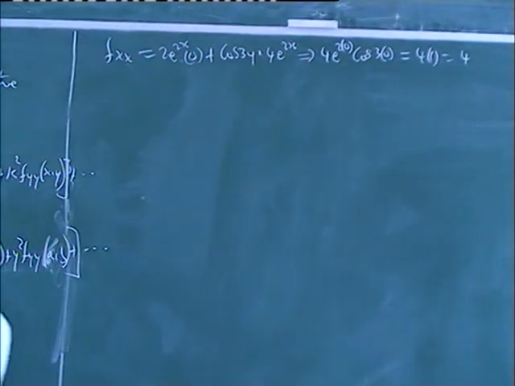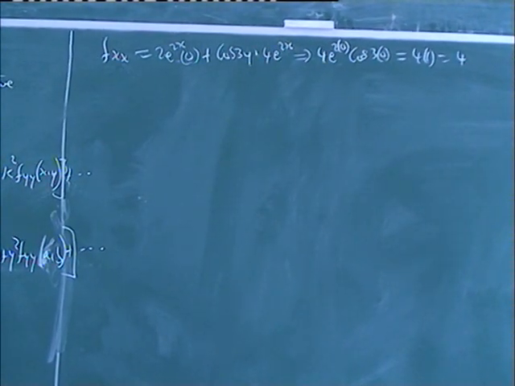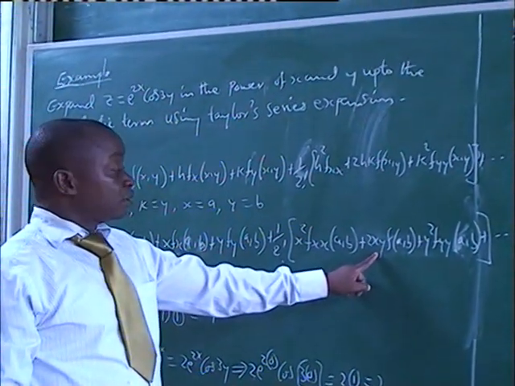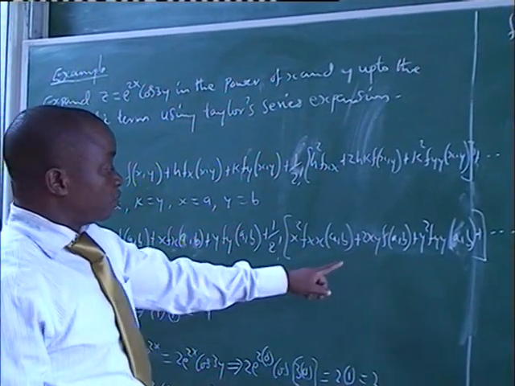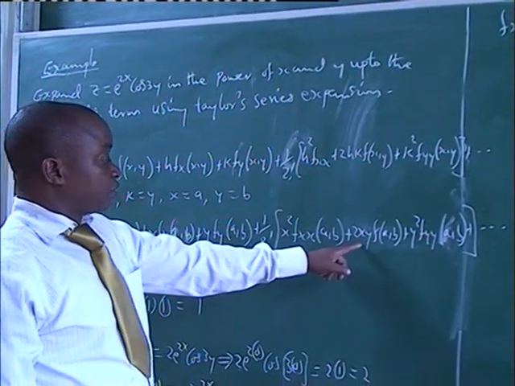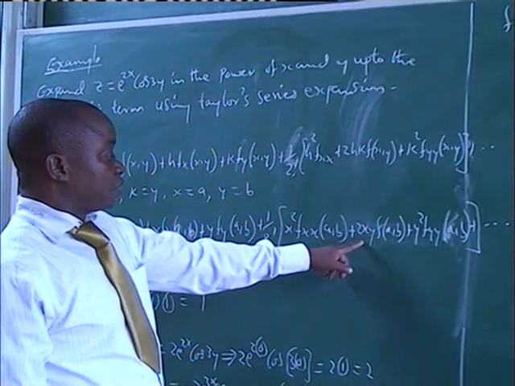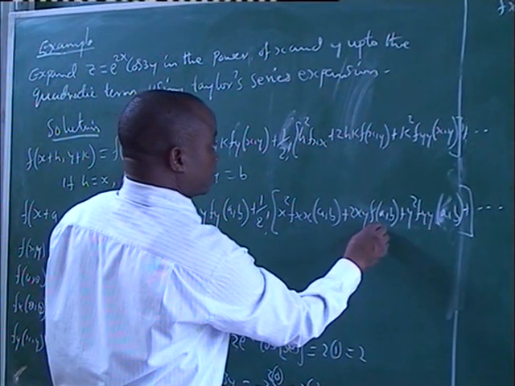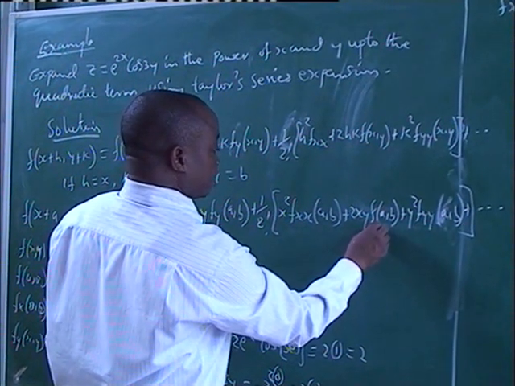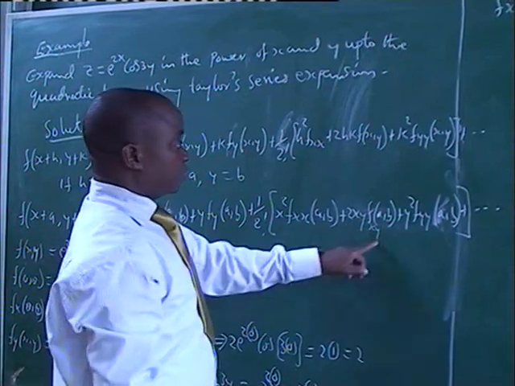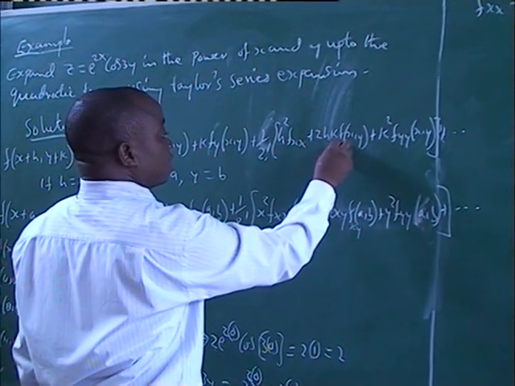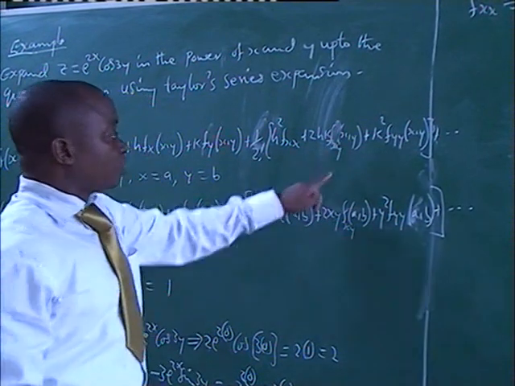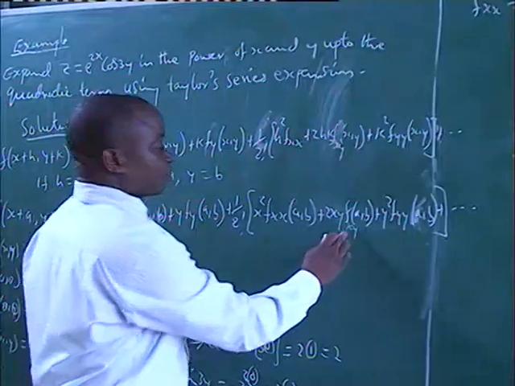Now, the next one, we have reached here. What is this one talking about? It is the xy, the cross partial.